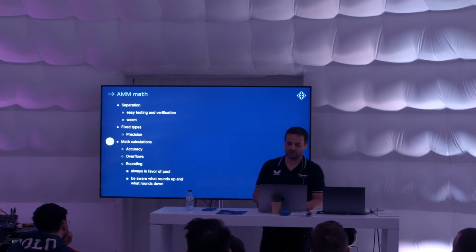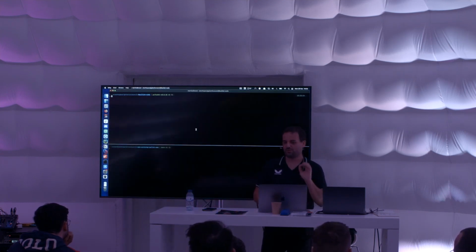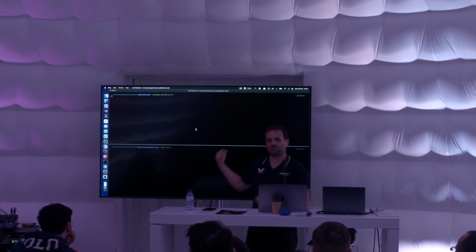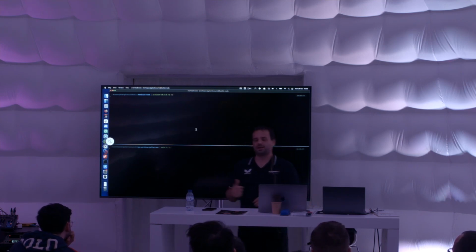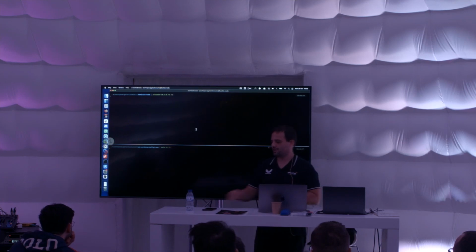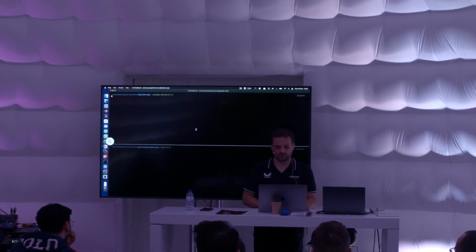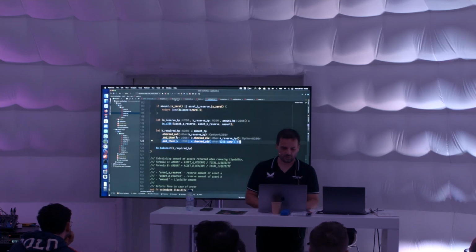Because I can give you a very simple example which surprised us. Substrate has this fixed type we just saw, right? And it has a function called checked from rational, which I can show you here.